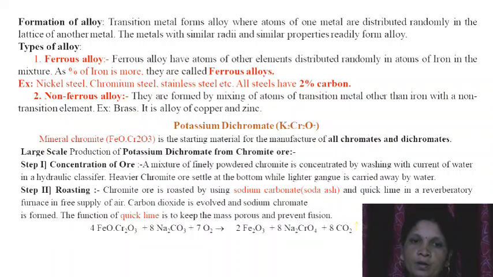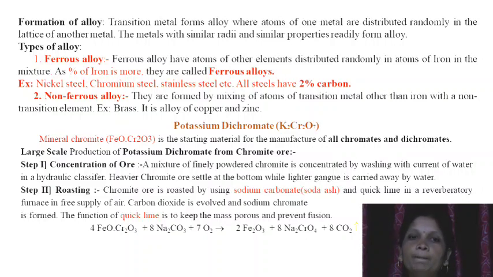FeO·Cr2O3, is the starting material for the manufacture of all chromates and dichromates. So for large scale production of potassium dichromate, we are using chromite ore. Large scale production, which we call extraction, has four steps. The first step is the concentration of the ore.